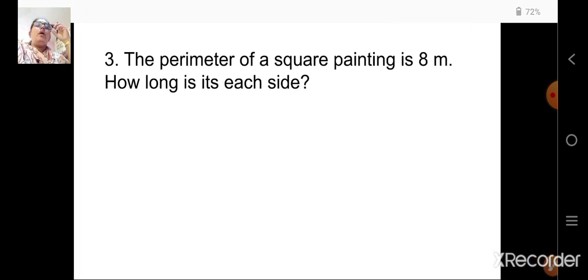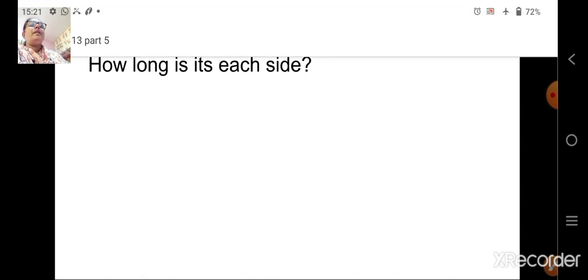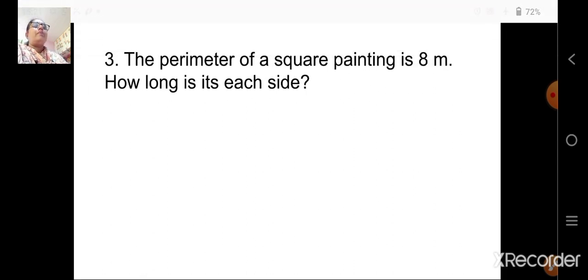The perimeter of a square painting is 8 meter. We have to find how long each side is. The perimeter is already given. Perimeter is nothing but 4 times the side, and here we have to find the side.